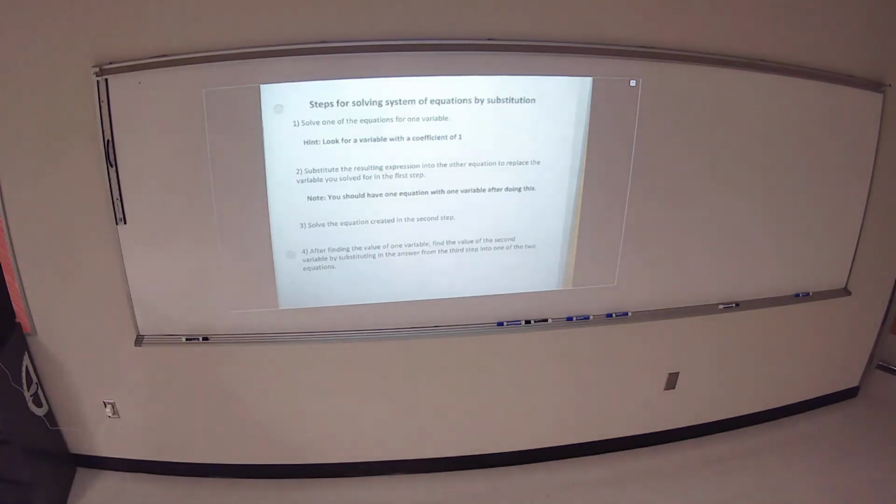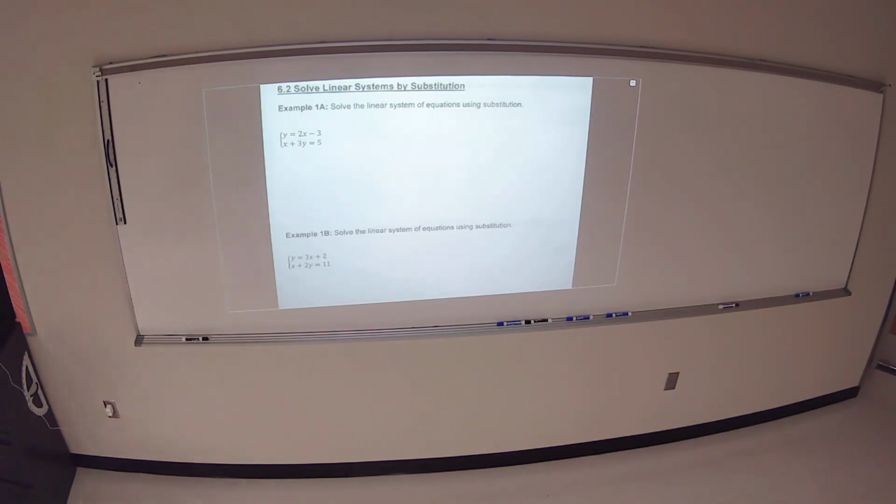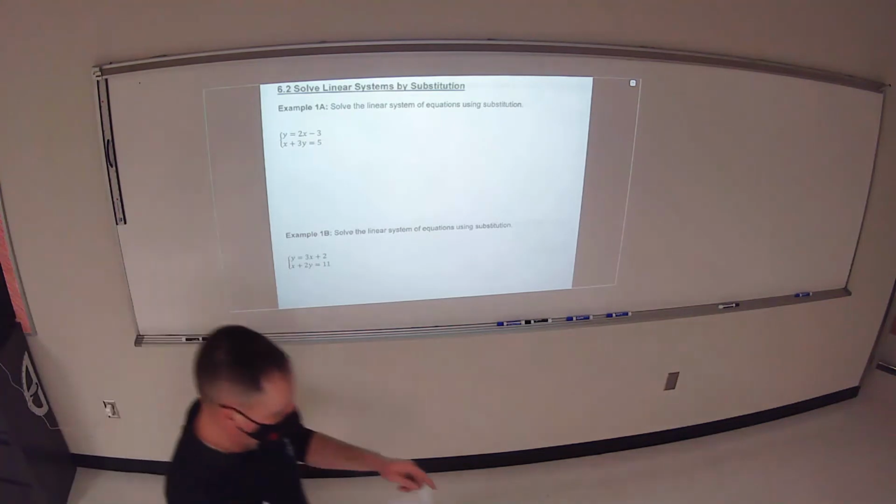Okay, keep this handy right next to you, and we're going to start taking a look at example number 1A. Solve the linear systems of equations using substitution. So, number 1, solve one of the equations for one variable.